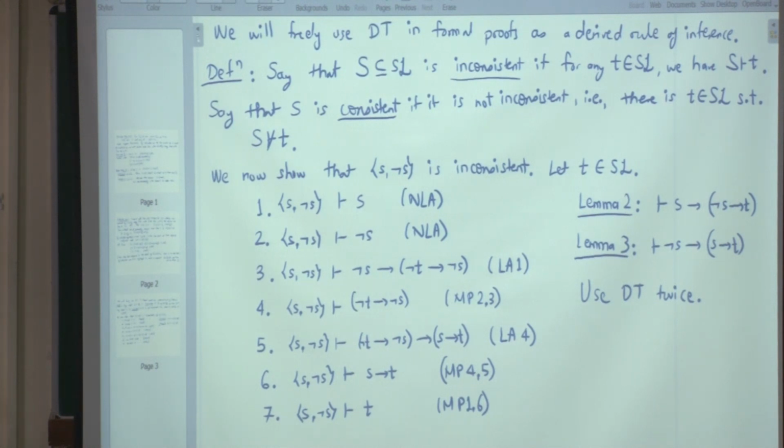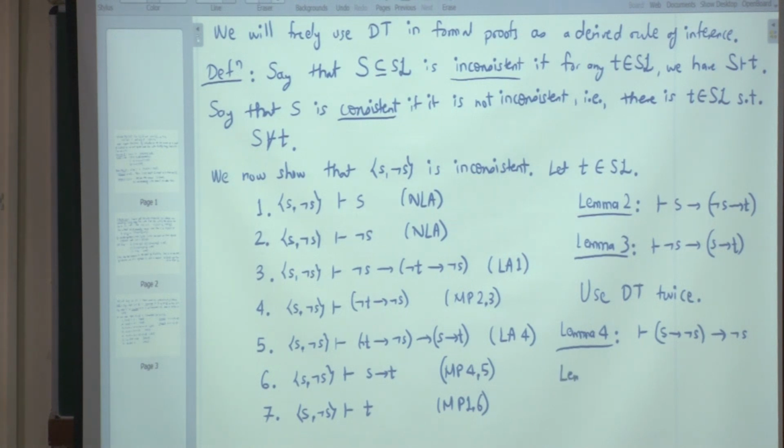Okay, then there are other lemmas which will be used later. So let me just write them here. So lemma 4 is also useful. So that is S implies negation S implies negation S. That is lemma 4.